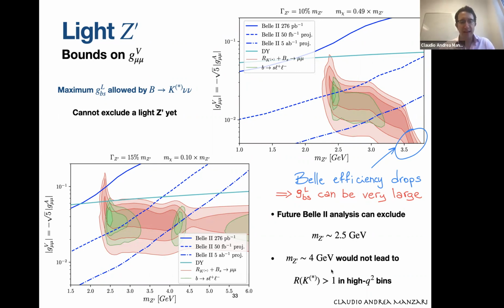At present, we don't have data to disentangle between these two solutions, but this will be available in the near future and can also give a consistency test for these models.